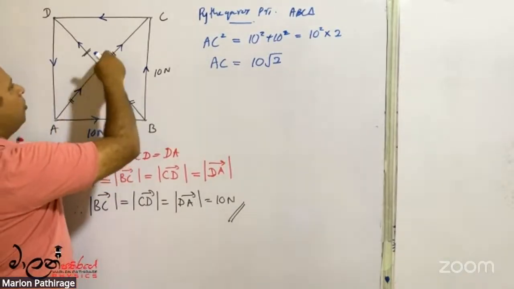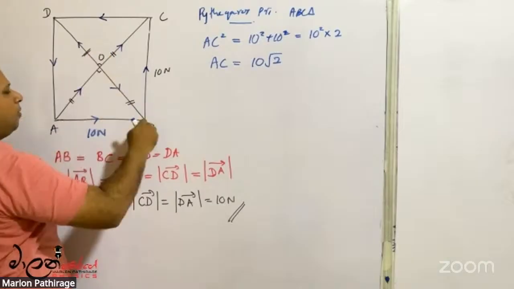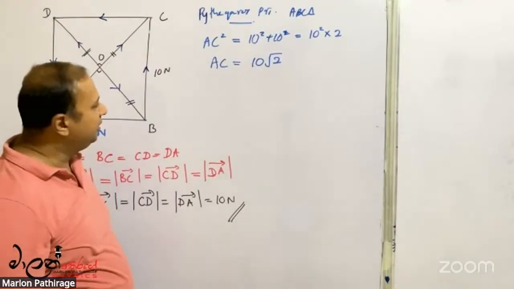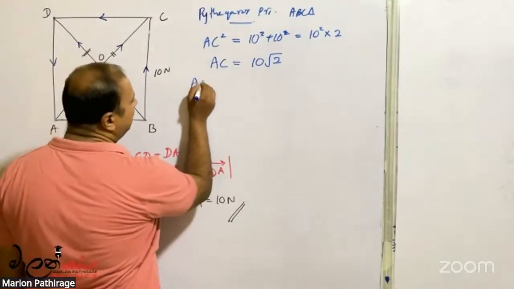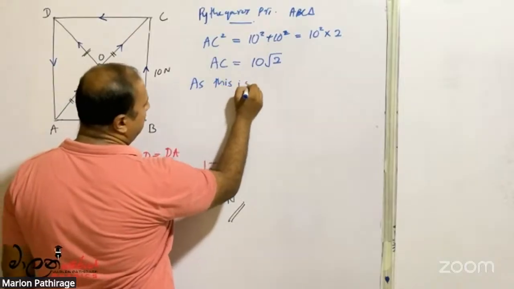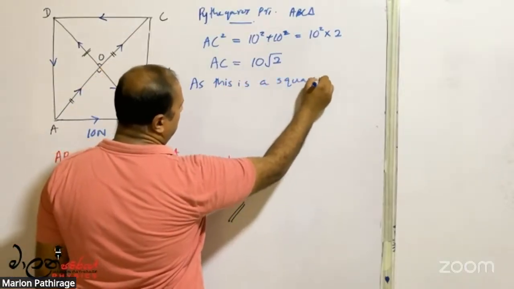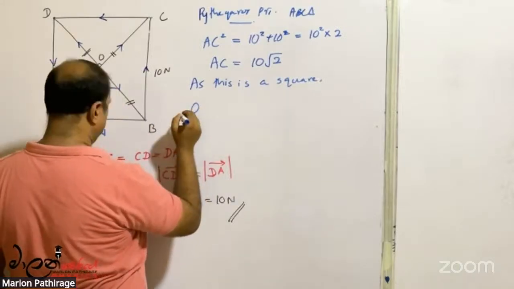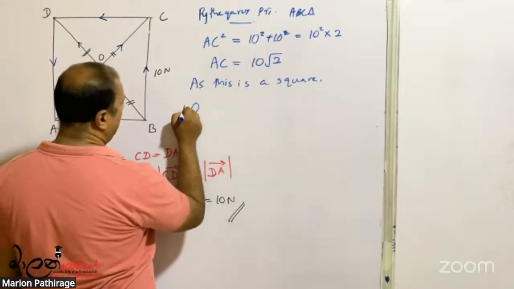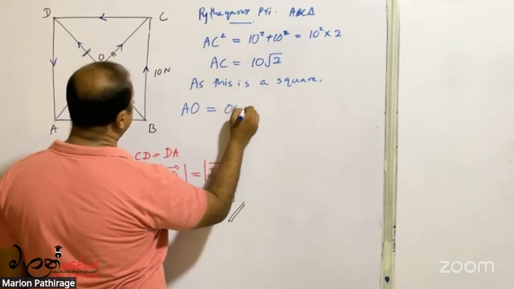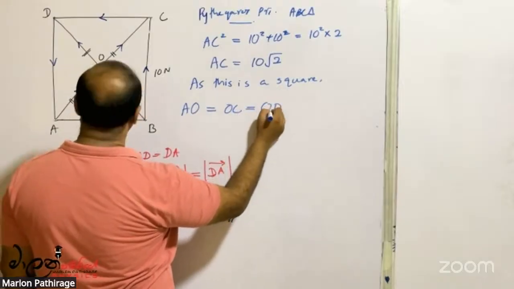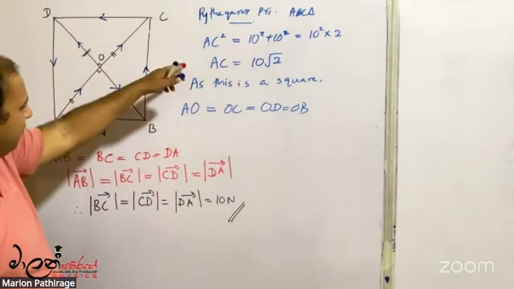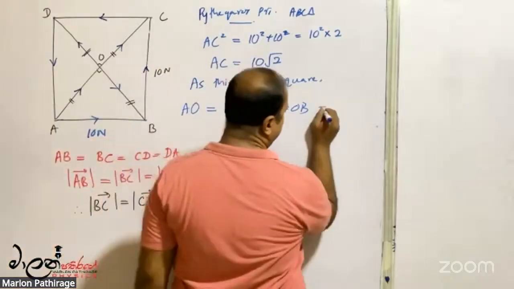Therefore, AO, OC, OD, OB all are equal to half of this value. So as this is a square, AO equal OC equal OD equal OB, all are equal to half of AC.